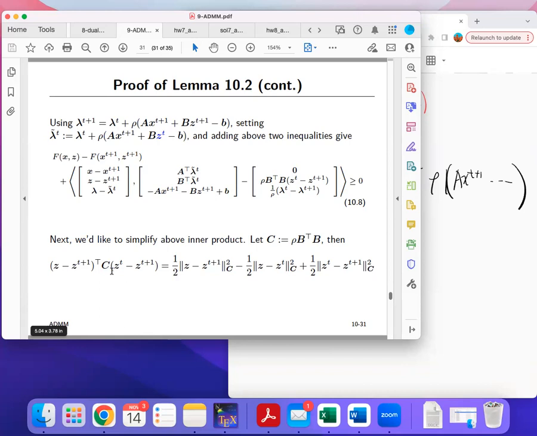It's just by definition, you can check this equality. And this is part of the Bregman divergence. Remember, in the Bregman divergence, we have a similar structure. This is called the three-point identity. So this is the equality.